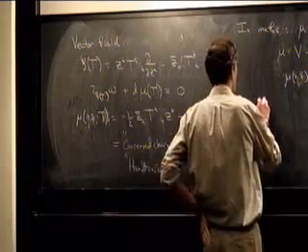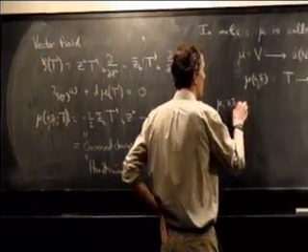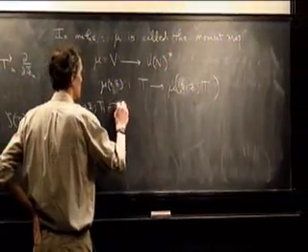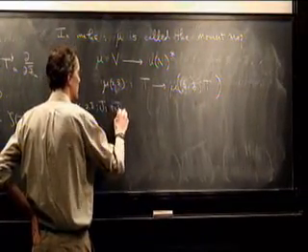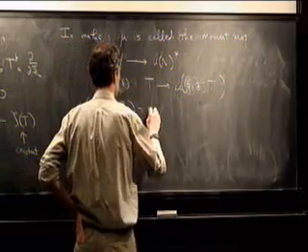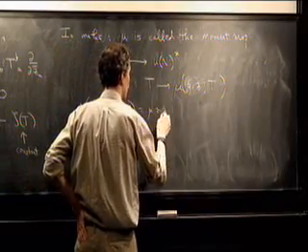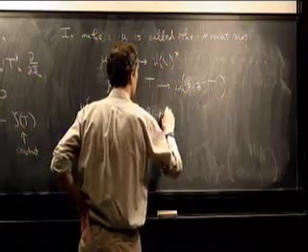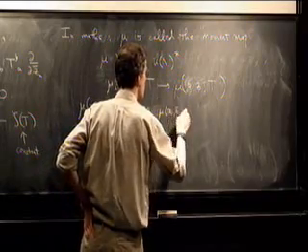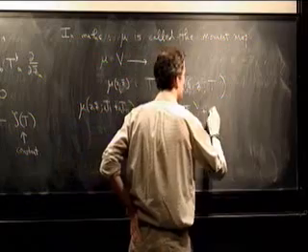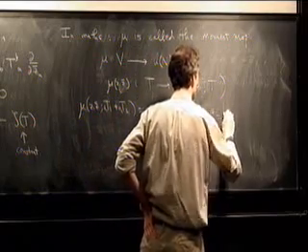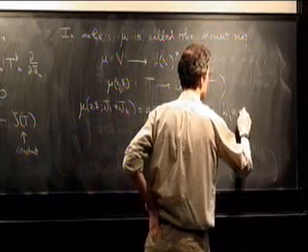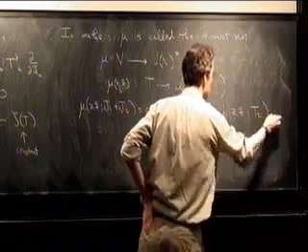Okay, so mu of z z bar of a1 t1 plus a2 t2 is a1 mu of z z bar t1 plus a2 mu of z z bar t2.